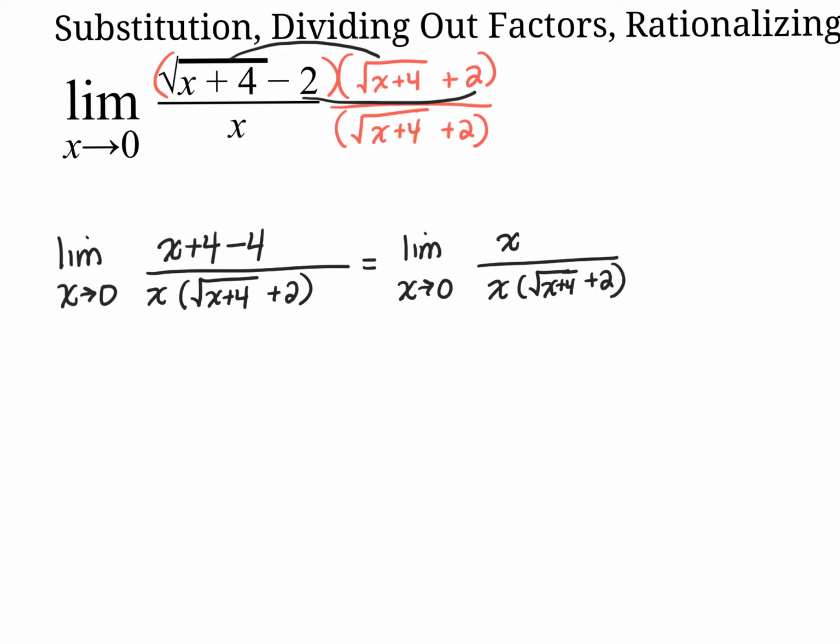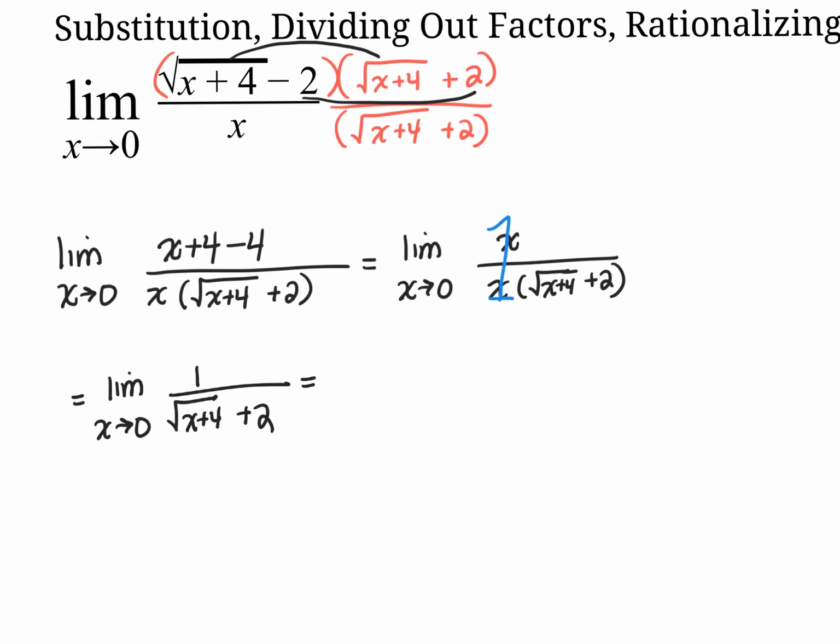And then I've got a giant 1. Remember, that was the whole point of this process, was you should be able to get it to a point where you can multiply that or find that giant 1. Once we've gotten rid of the giant 1, now we have the limit as x approaches 0 of 1 over the square root of x plus 4 plus 2.